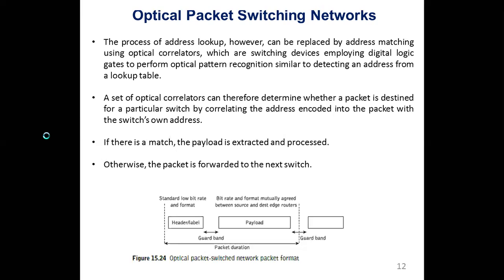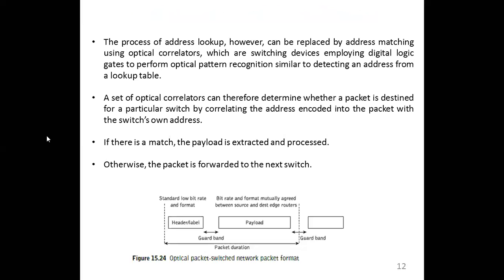However, this lookup table will require some kind of buffering, so that is the disadvantage here. And then the address lookup will know whether the address is specified properly or it has a different kind of address.